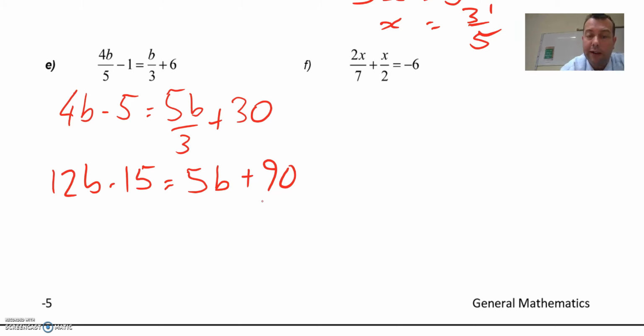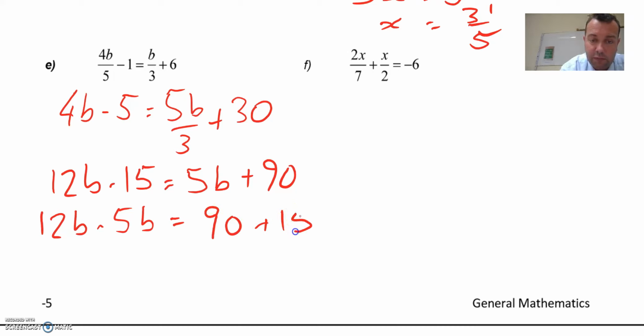Now I'm going to subtract 5b from both sides, and I'm going to add 15 to both sides. That gets all my variables on the left and all of my constants on the right.